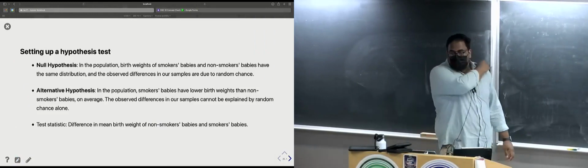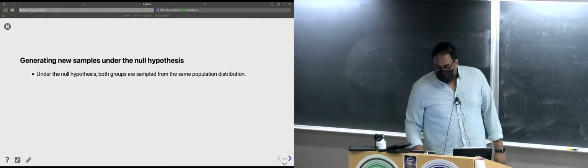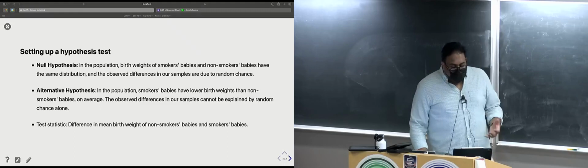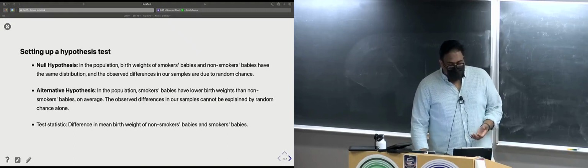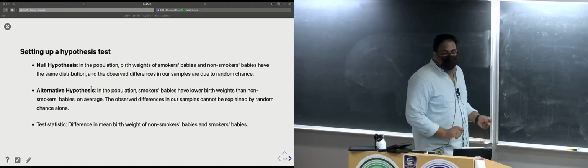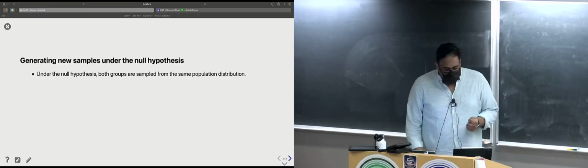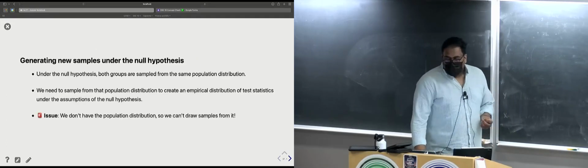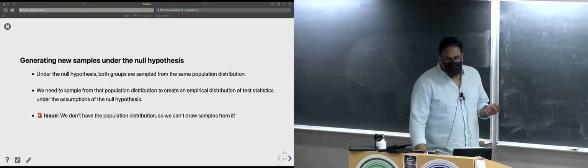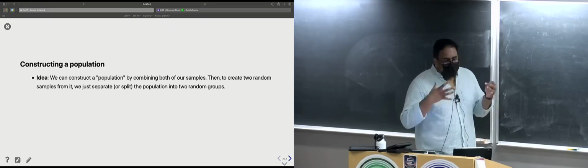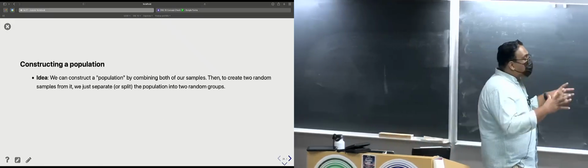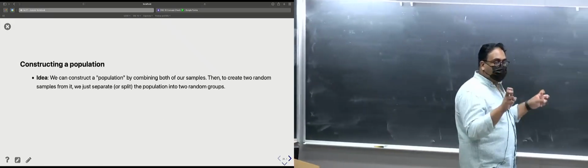Okay, so now we're almost ready to run our hypothesis test. We have our null and alternative hypotheses, we have our test statistic, but we now have to address that issue, right? The issue that we don't have the population distribution, so we can't draw samples from it. Okay? So here's what we need to do. We can construct a pseudo-population.